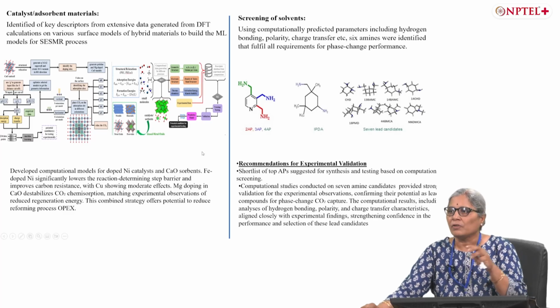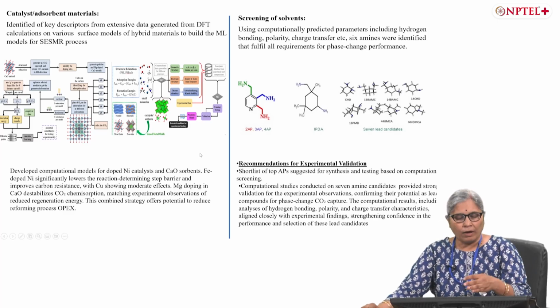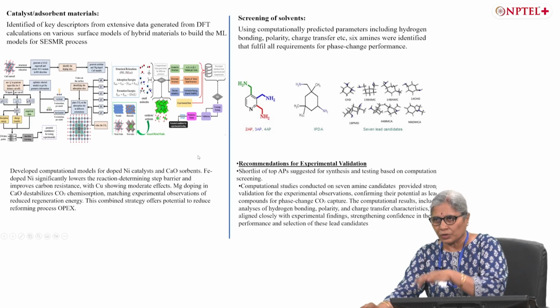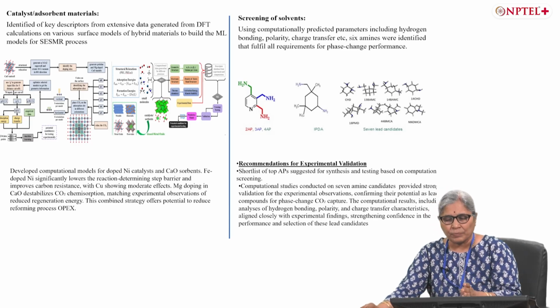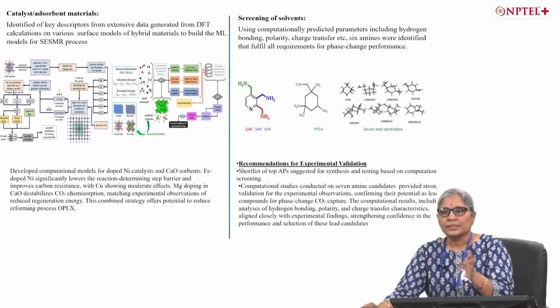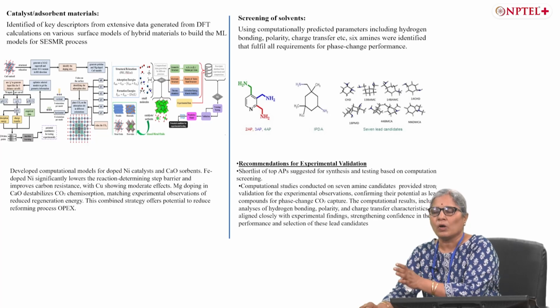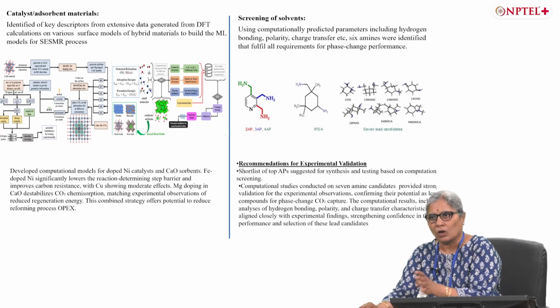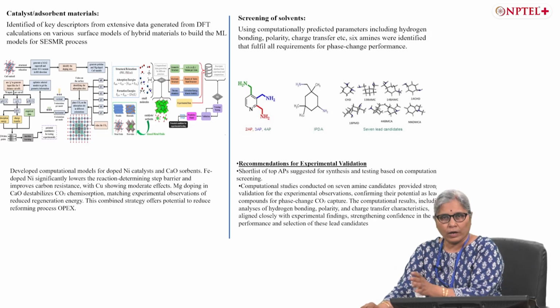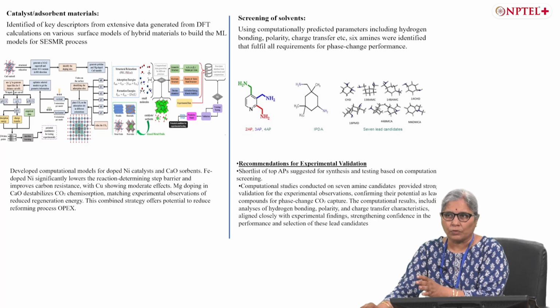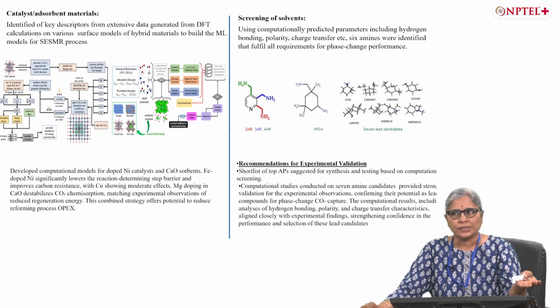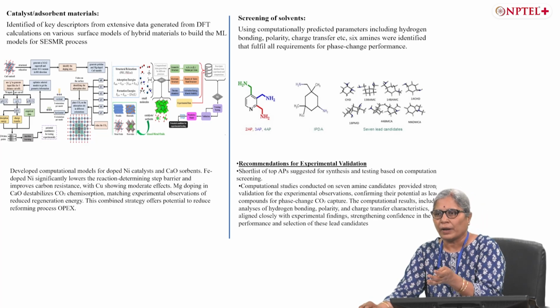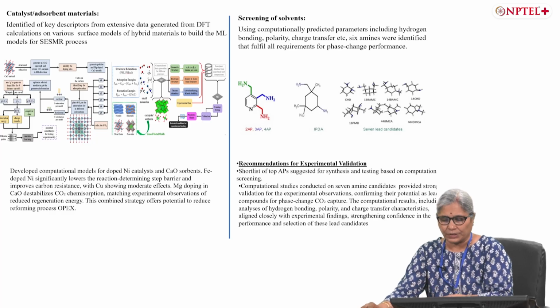One is reforming of methane, or conversion of CO2 to different feedstocks. Another study is screening several small molecules, either amines or solvents, for capture of CO2, either from point sources like thermal or power plants, or from direct air capture.